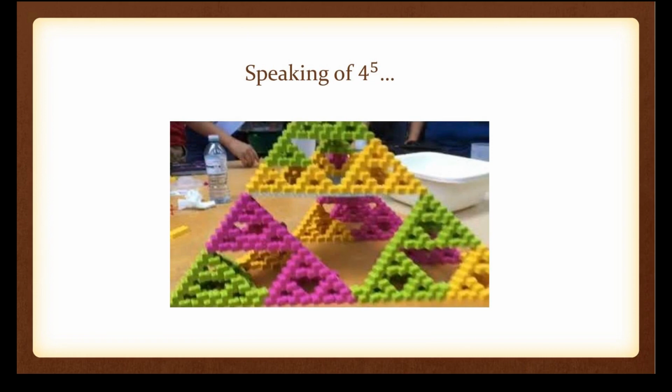I'm not going to play this. This is actually, speaking of base 4, something I did at the Bridges Festival in Waterloo, Canada, with 1,024 pieces of Lego. And I built this level 5 Sierpinski pyramid with Lego. This whole idea is where, again, I talk about exponents, 1,024.